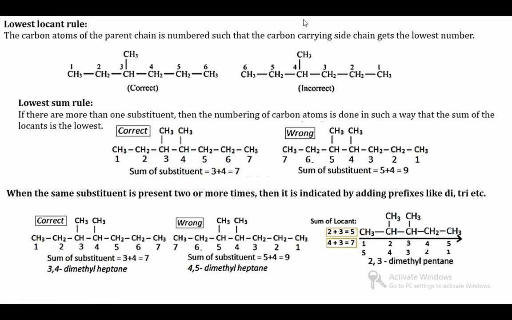For this one, how to name? 1, 2, 3 and 4, 3 plus 4 is 7. So third carbon and fourth carbon, 3, 4, dimethyl, with carbon number 7, heptane. If it is from this side, 4 plus 5 is 9, we should not consider. 4, 5 dimethyl heptane is wrong, we should not consider.